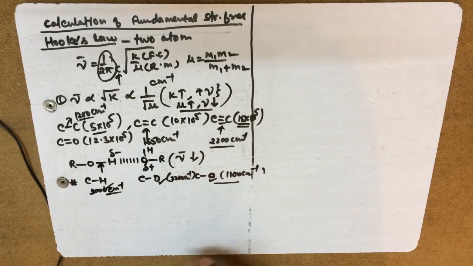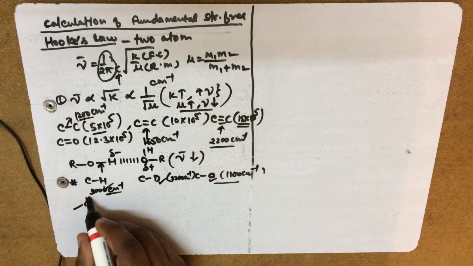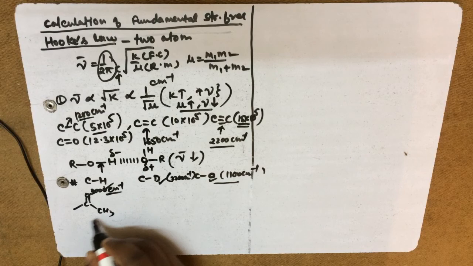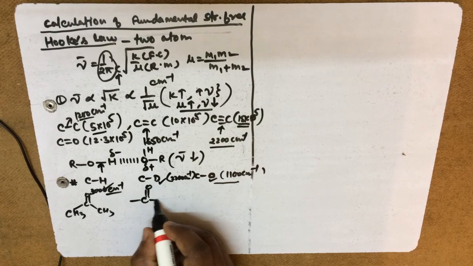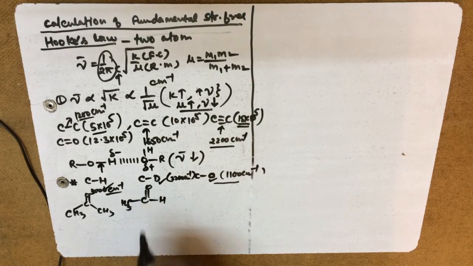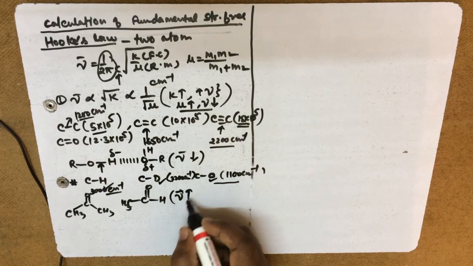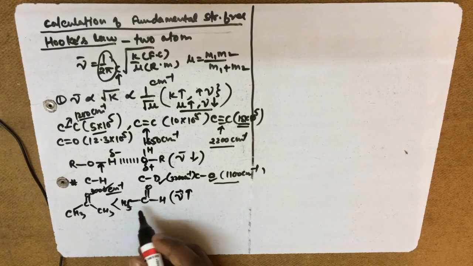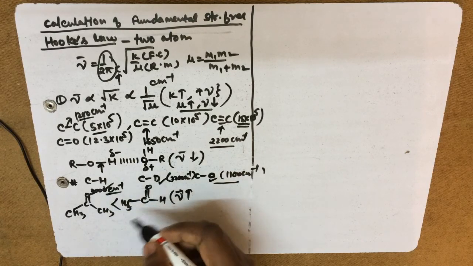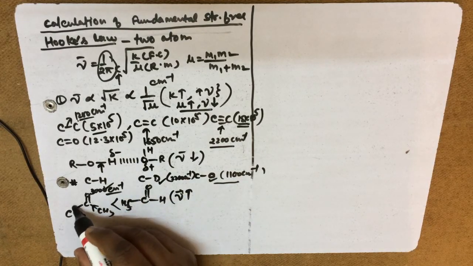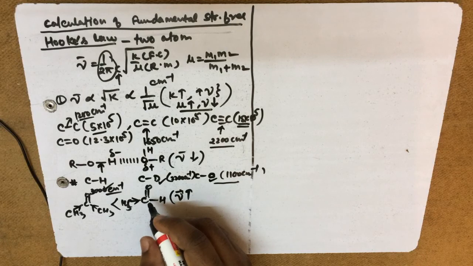Similarly, aldehydes absorb at higher frequency than ketones. Okay, because if you see ketone, this, and aldehyde, so for this case the stretching frequency is higher, but for this case it is lower. Because here two electron donating groups are attached, and only one electron donating group is present here.